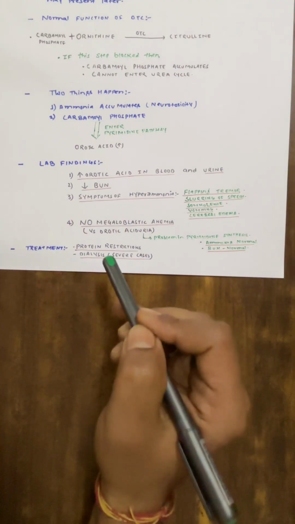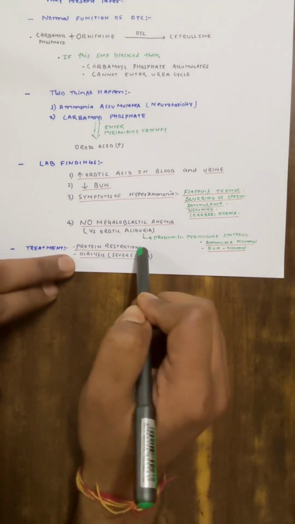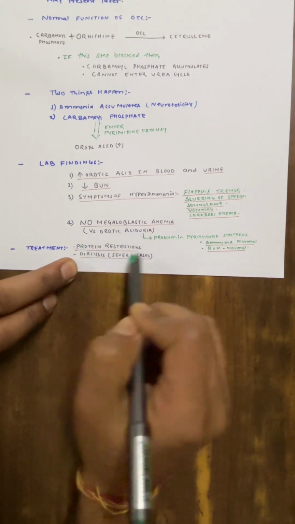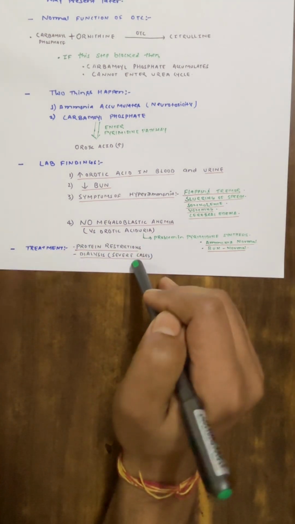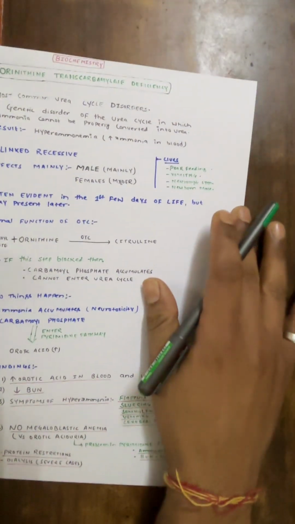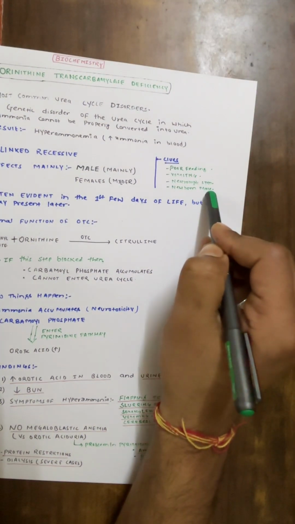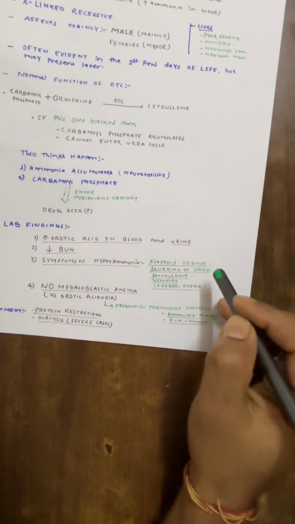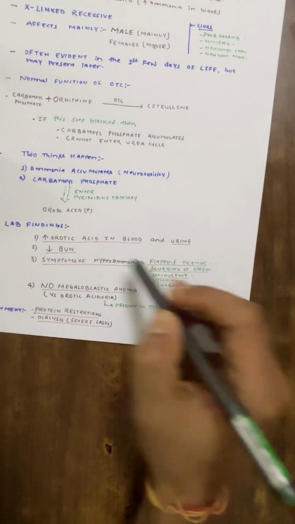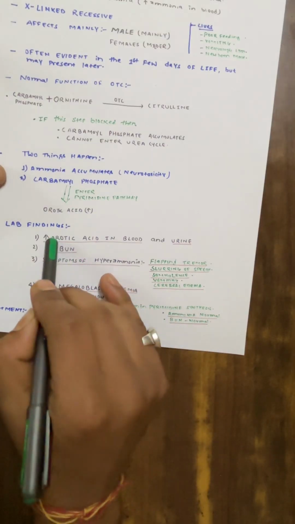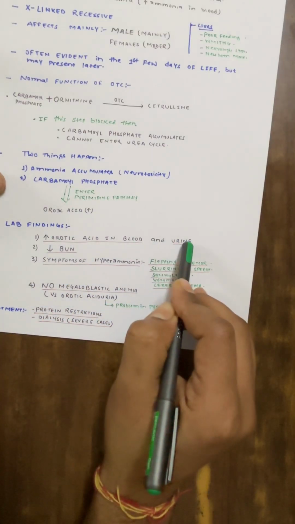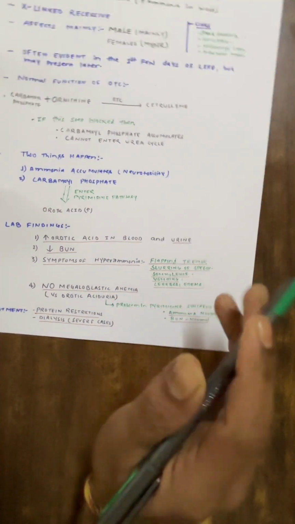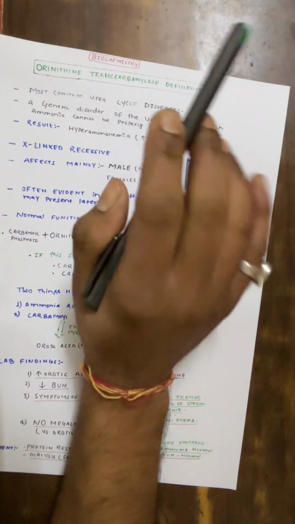Now, coming to the treatment of OTC deficiency, we should restrict protein in the diet of the patient, and in severe cases we'll do dialysis. So if you get a question like a newborn male with poor feeding, vomiting, and neurological symptoms, with decreased blood urea nitrogen and increased orotic acid in blood and urine, and the patient has no megaloblastic anemia, then always think of ornithine transcarbamylase deficiency.